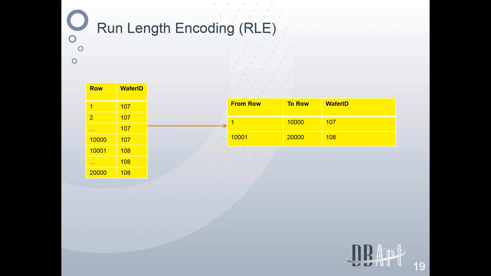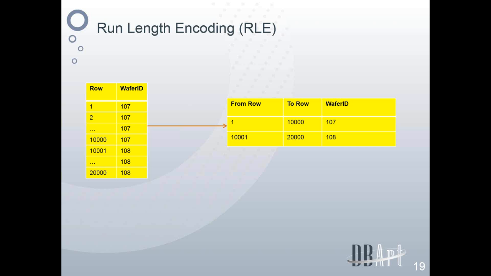Run length encoding is very simple. If we remember, we have created 10,000 rows per wafer. For each wafer, we have 10,000 chips. So, if after a build or somehow all those 10,000 rows are in the same segment, then the encoding is very simple. Here we have rows 1 to 10,000 with wafer ID 107, for example.